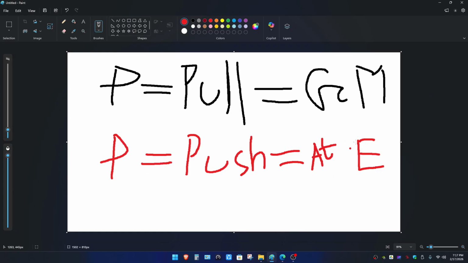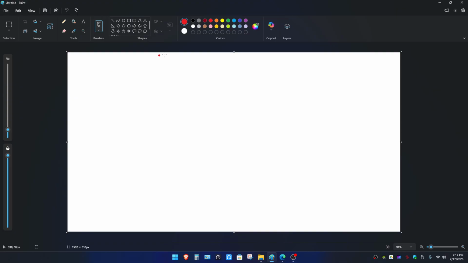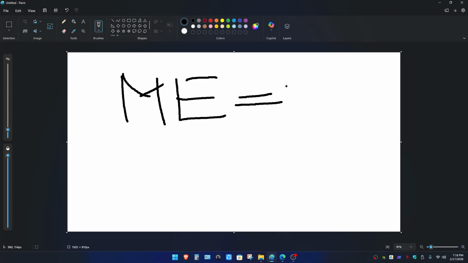So the question is, what is happening in this case? When we talk about Maxwell's equations, we are basically detecting two signals at the same time, push and pull. But in a rod, let's say this is a copper rod, the amount of push and pull has a variable rate.